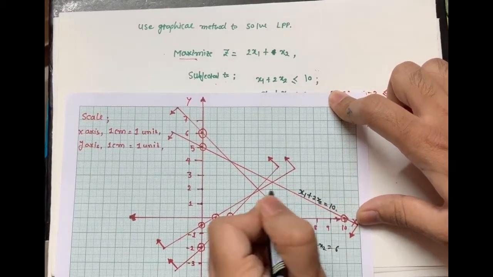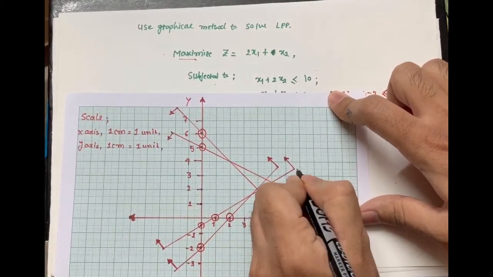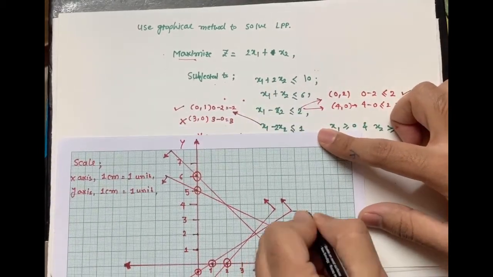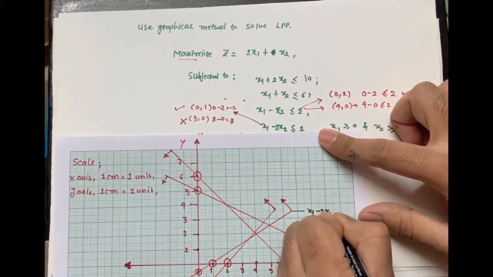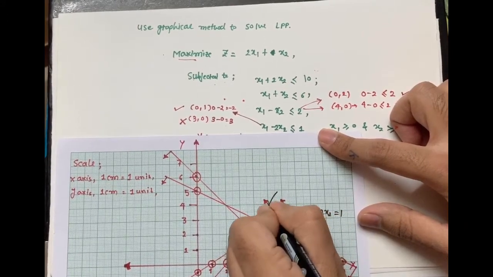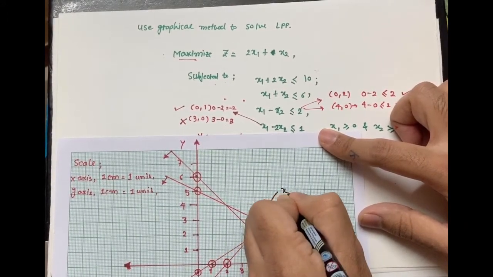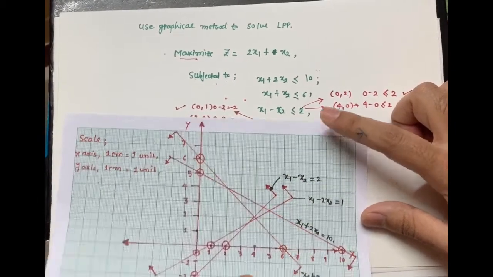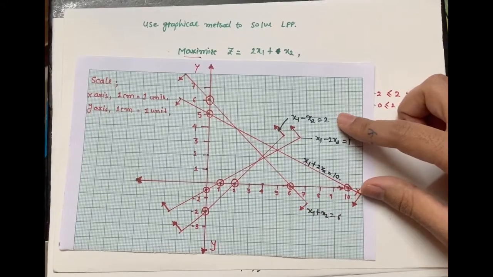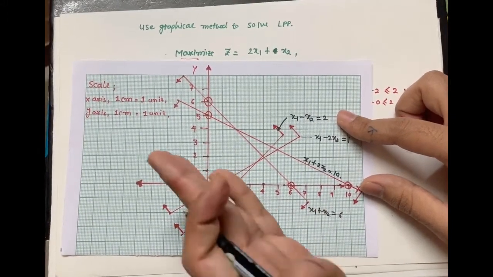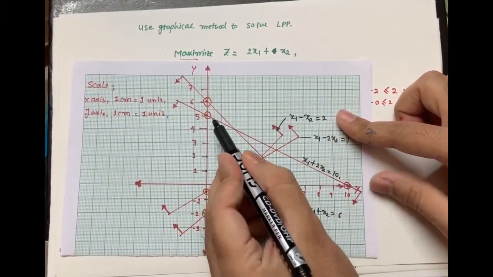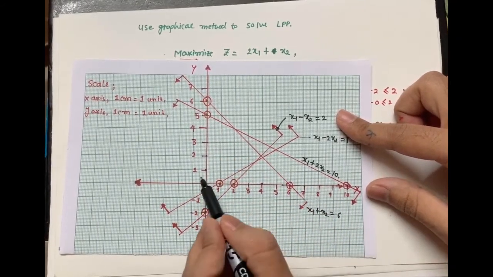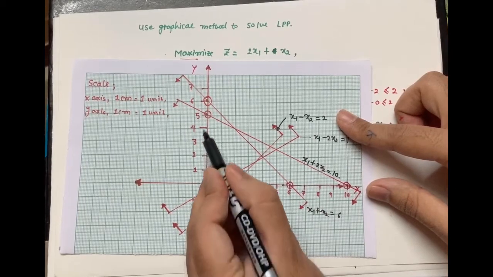Second line, this particular line is for the fourth equation, that is x1 minus 2x2 equals 1, and this one is for the third one, x1 minus x2 equals 2. So what is the common region for all this? For the first line, this is the feasible region, where x1 and x2 both are positive.